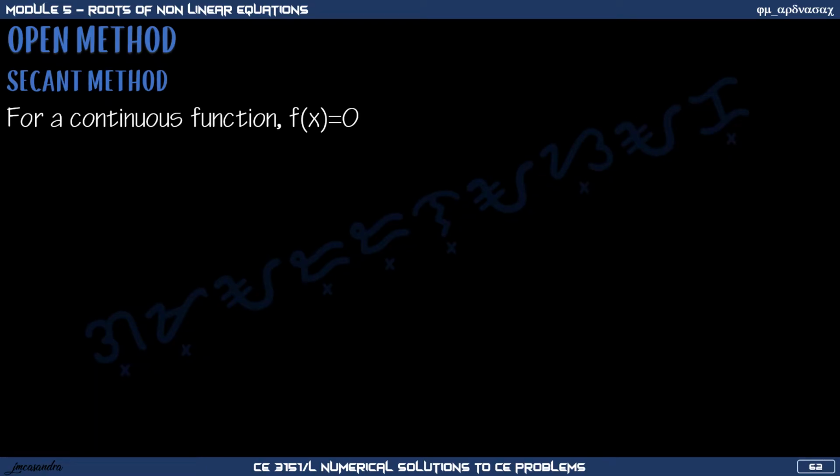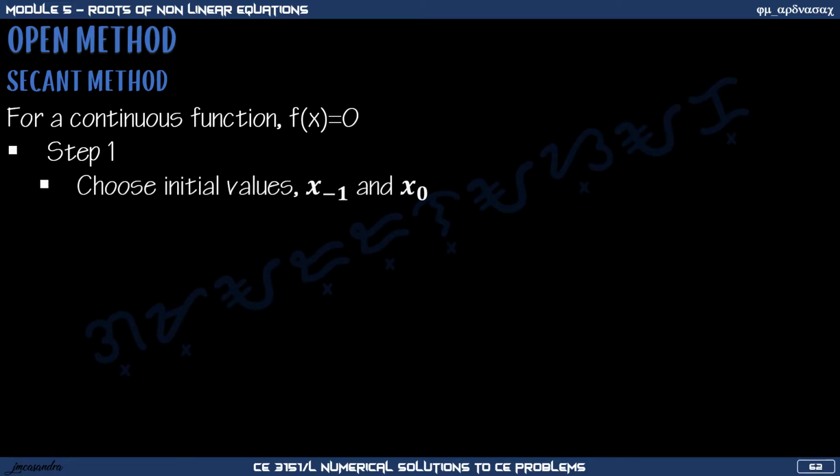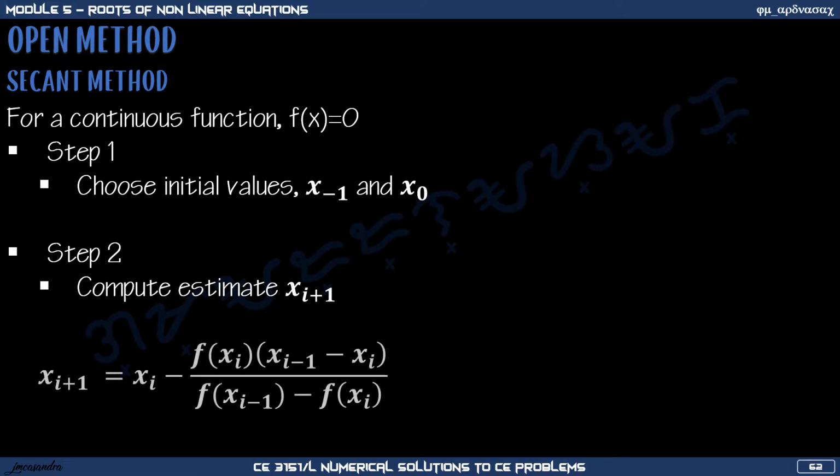For a continuous function f of x equal to 0, we have the following procedure. Step 1, we choose initial values x sub minus 1 and x sub 0. Step 2, we compute the estimate of x by using the secant formula.